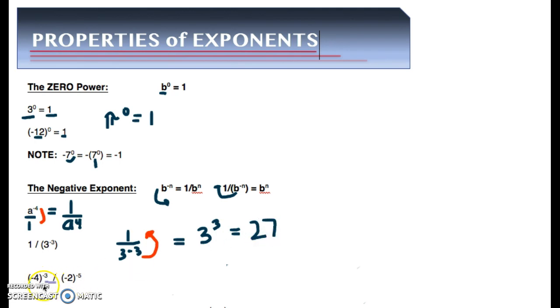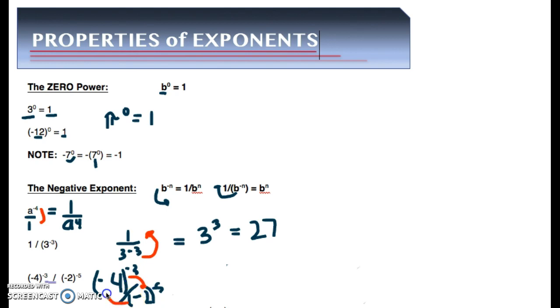In this example here, I have a negative 4 to the negative 3, and it's in the numerator. So he's upstairs. In the denominator, I have a negative 2 to the 5th power, and it's negative as well. So we're going to have two bases switching places. My negative 4 base is going to flip to the bottom.